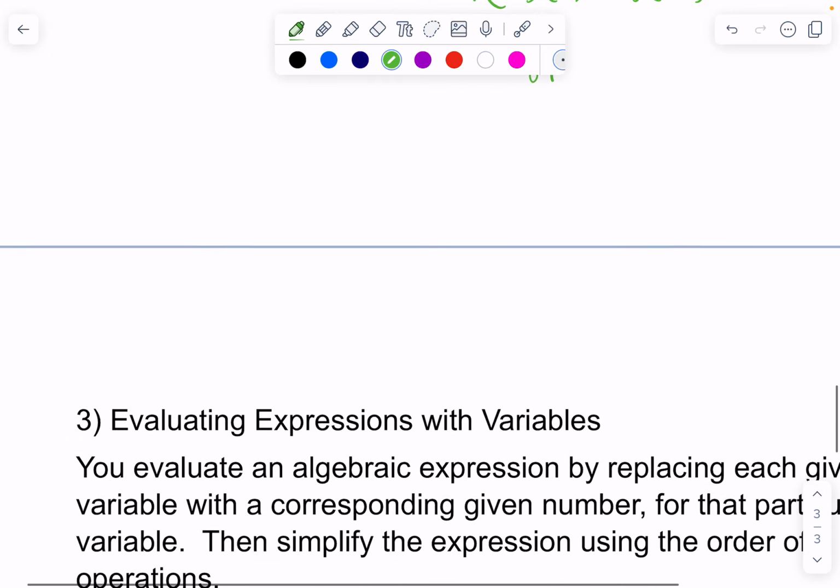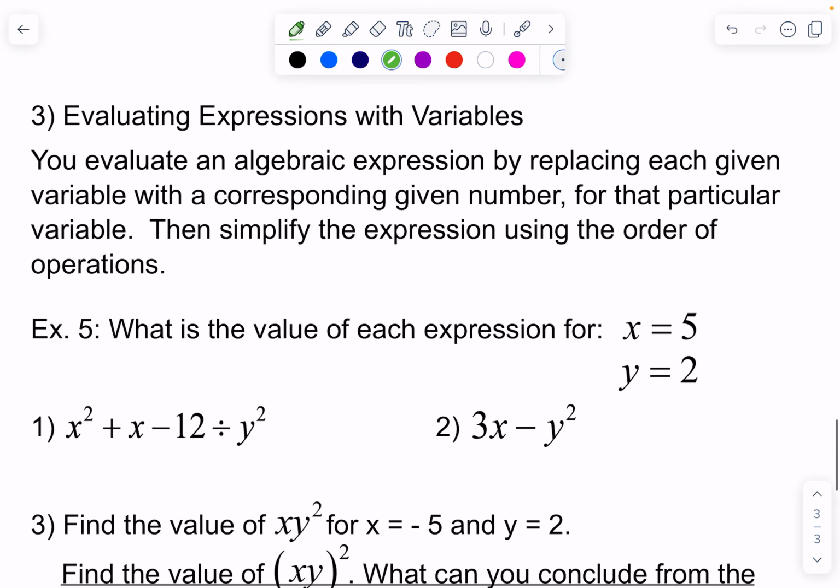And last but not least, just a quick little review of evaluating expressions with variables. You evaluate an algebraic expression by replacing each given variable with a corresponding given number for that particular variable. Then simplify the expression using the order of operations.